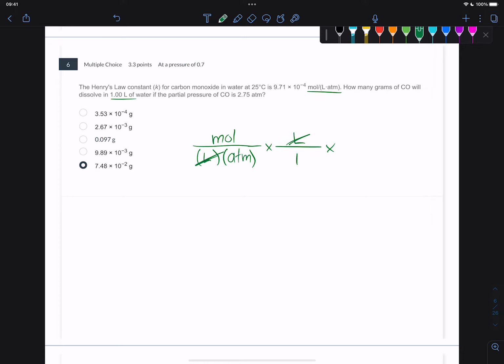And you also can multiply it by atmospheres, because you have ATM over 1, gets rid of it here. If you do that, kind of like how you can BS questions, just multiply this constant by this, by that, and you end up getting some small number. You get 0.00267 moles of CO.